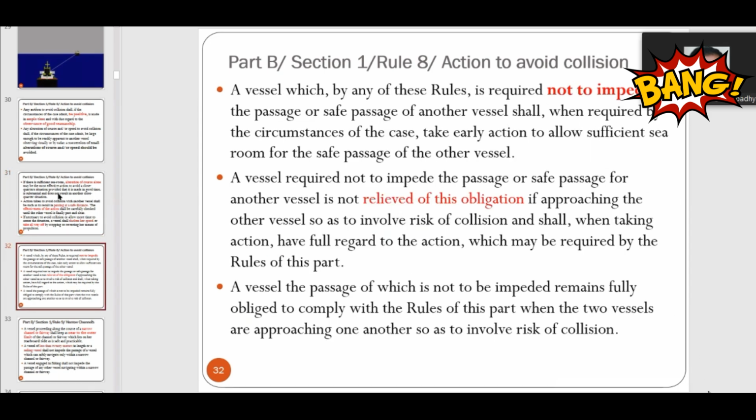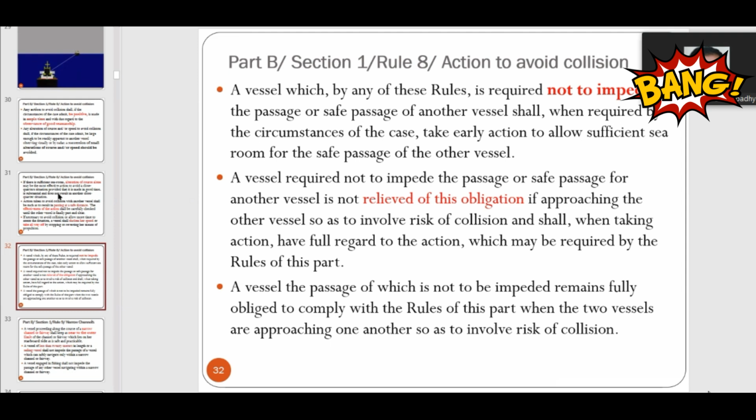The vessel. Now, if you simply go as per the literal meaning of the entire paragraph, because in some of the rules you will find a vessel is required not to impede the safe passage of another vessel which can safely navigate.